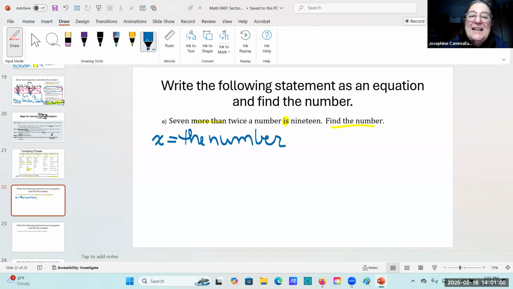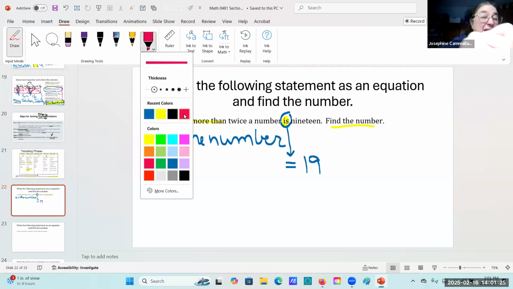Okay. Now you see this little "is"? That represents an equal sign. What comes after the word "is" is going to go right there. Now, this is where the fun comes in.